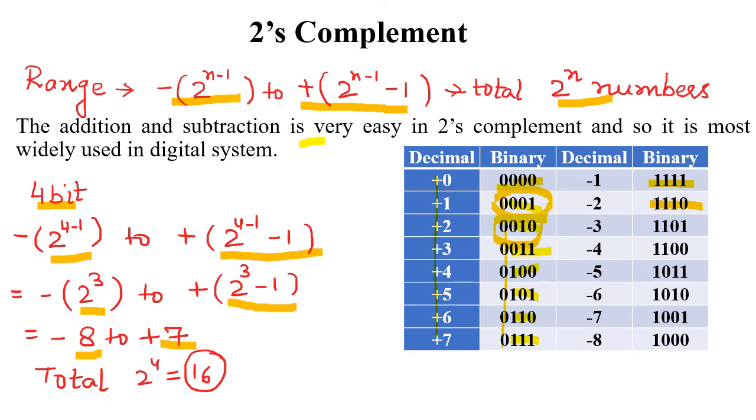Now 8 numbers here, minus 1 to minus 8, and 0 to plus 7, total 8 including 0. So total we have 16 different values.